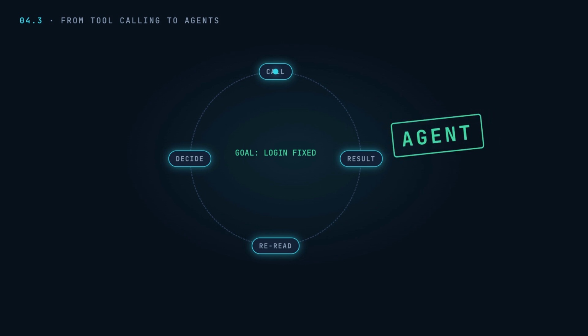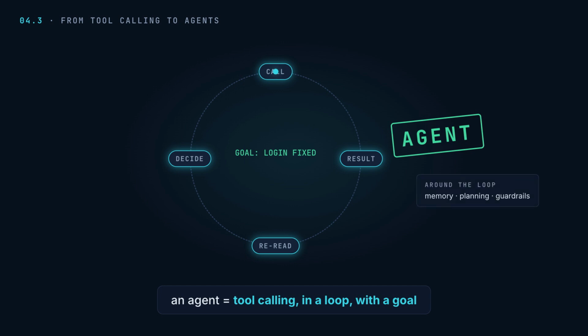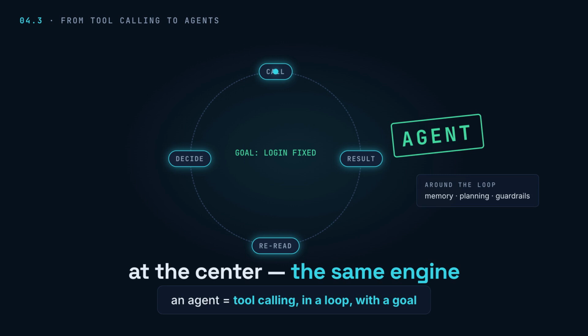That's the entire secret. An agent is not a new kind of model. It's the same round trip you now understand in a loop with a goal. Real agents add more around this loop: memory, planning, guardrails, but the engine at the center is exactly what you now understand.